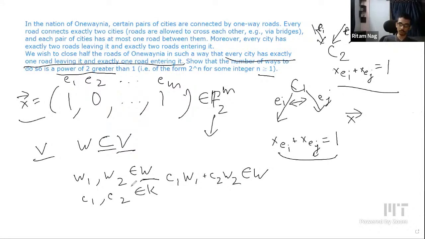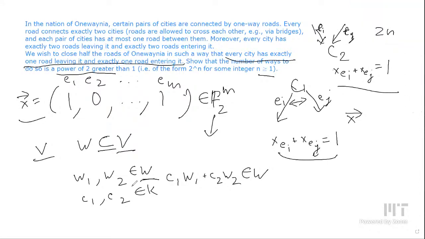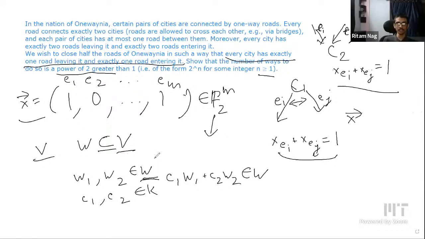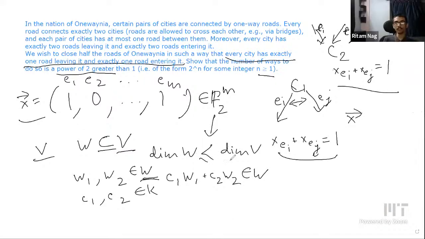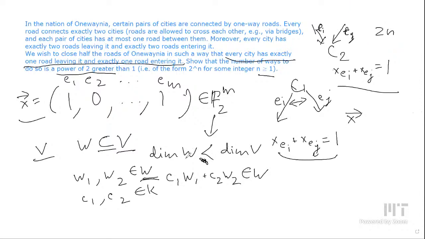W is a vector space essentially, and it's also a subset of V. If we consider a subset, won't the dimension decrease? Yeah, the dimension will decrease. So you are guaranteed that the dimension of W is less than or equal to the dimension of V. It's actually strictly less unless they are the exact same space, in which case equality holds.